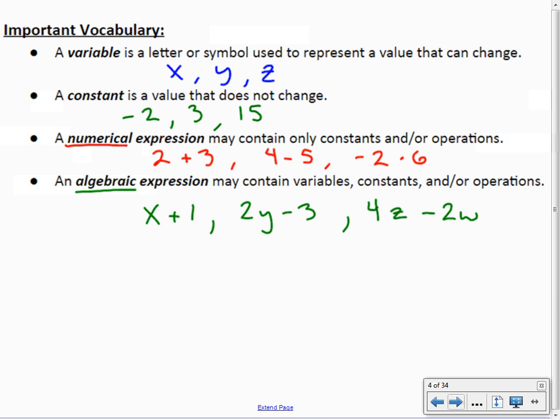Those would all be algebraic expressions because they contain variables, constants, and operations. Notice the "and/or" here. It doesn't have to have an operation like a plus sign or a minus sign. It would be something like 5 times x.